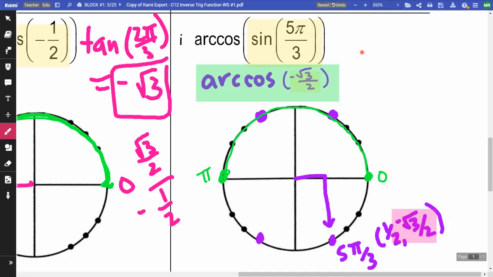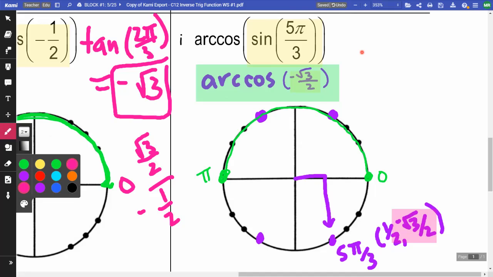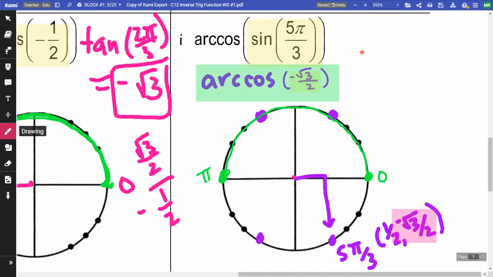And I want to figure out what angle has my negative root 3 halves, which is basically going to be my long. I'm going to do it in pink this time. So if I'm starting here, I'm thinking long, comma, short. So I'm going to be here. That is a pi 6, and that is 5 pi 6.